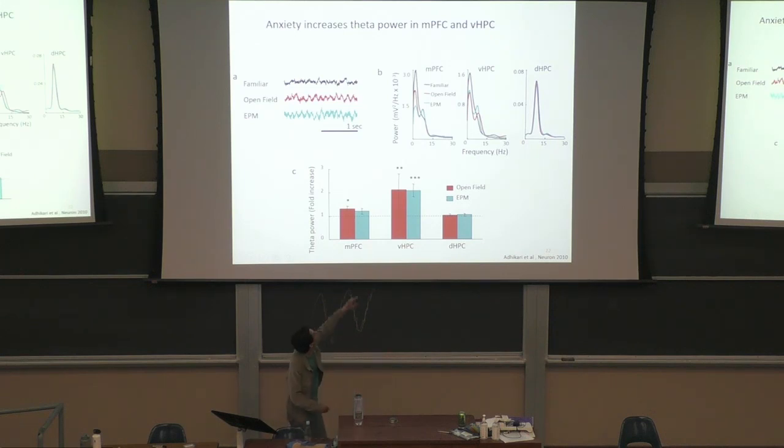That's shown by this power spectrum here. In the familiar environment, there's very little peak at 8 hertz, but in the two anxiety-provoking situations in red and blue, there is a noticeable peak at 8 to 12 hertz, showing that the size of the theta oscillation also increases in the anxiety-provoking situation compared to the familiar environment.